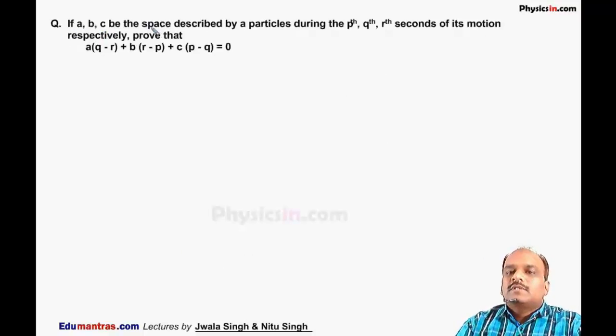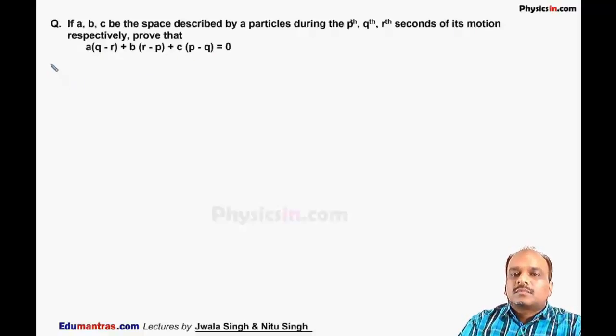If A, B, C be the distances described by a particle during the pth, qth and rth second of its motion respectively, then prove that this one. Let's assume, we know the distance traveled in the nth second is equal to u plus a by 2 into 2n minus 1.